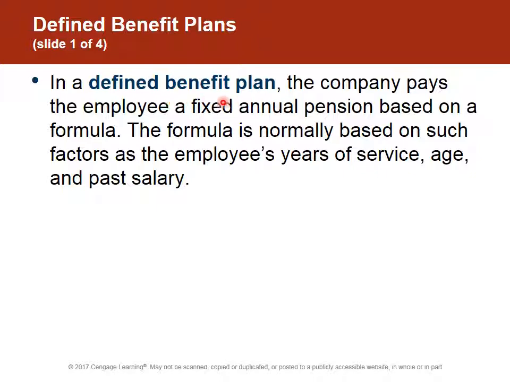In this situation, the company pays the employee an annual fixed amount based on a specific formula, often service, age, and past salary. These are extremely expensive. They're frequently found in companies that are unionized. For example, you'll still find a defined benefit plan at companies such as John Deere. They're found a little less frequently because it's billions of dollars that have to be set aside to pay for employees that are retiring.